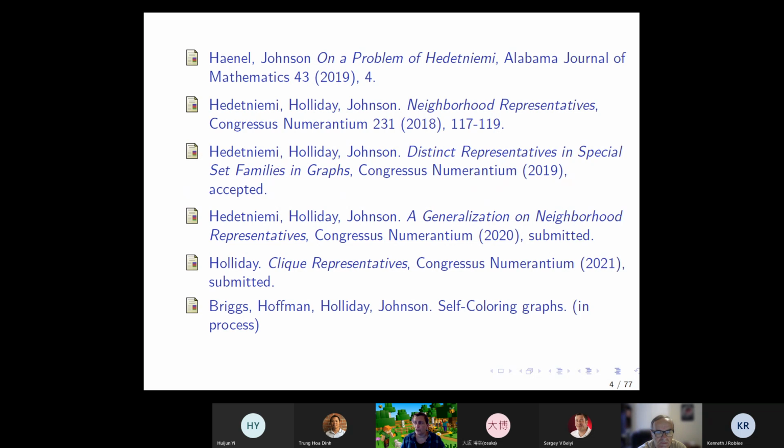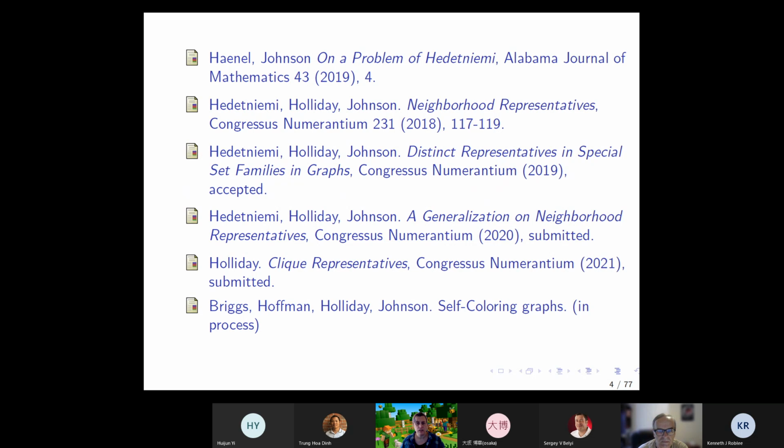The second congressus is the independent set and matchings. The third congressus is the F functions. They make some sense.